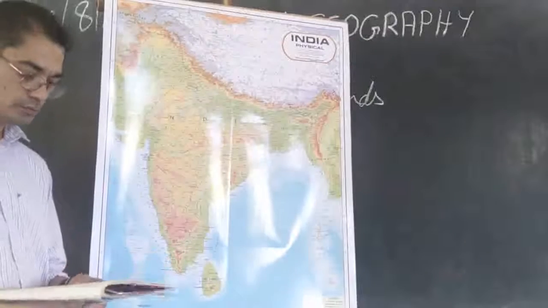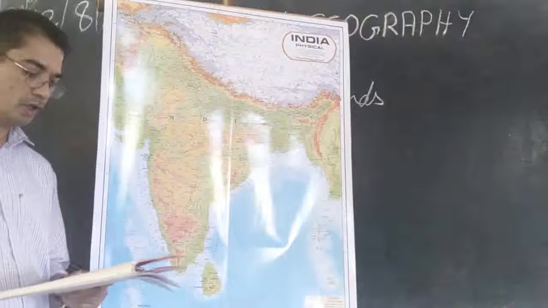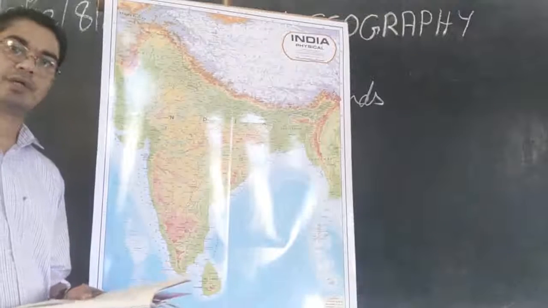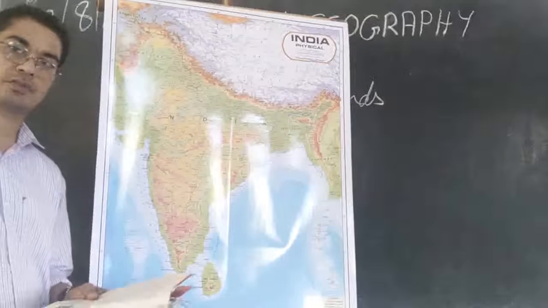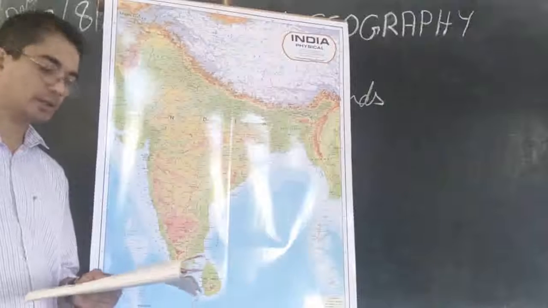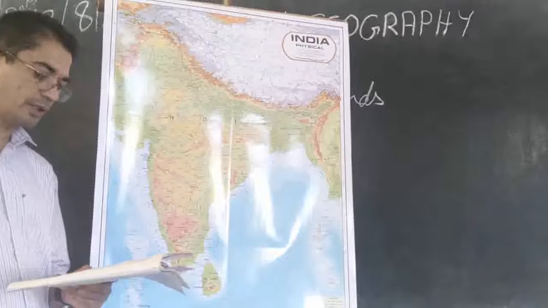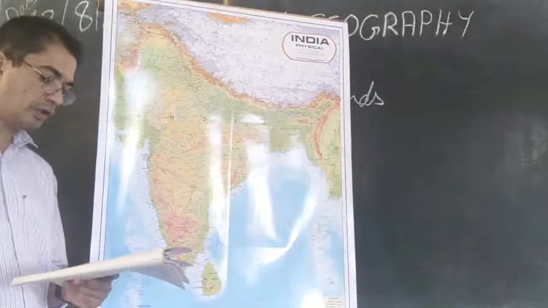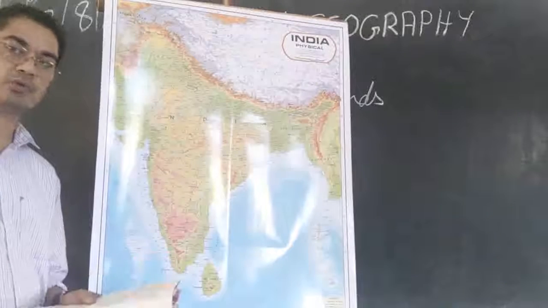The air flows over the Indian subcontinent. These are known as southwest monsoon winds.